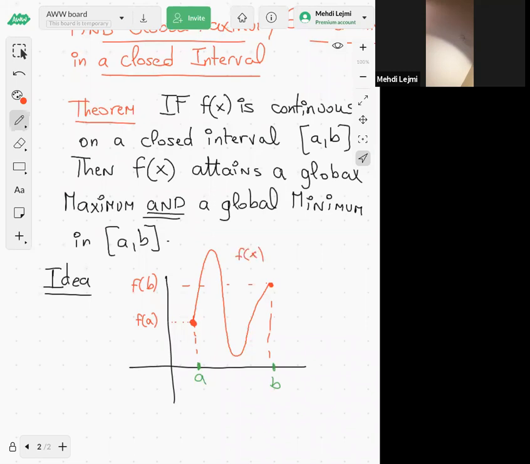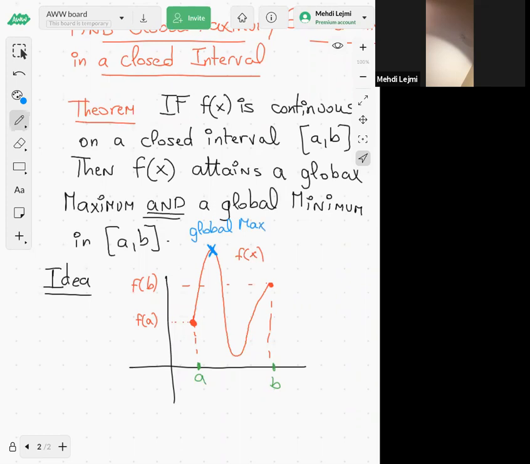Then you know that this function f, because it's continuous, and this is a really important assumption, the hypothesis that it's continuous is very crucial here. Because it's continuous on this closed interval AB, then you know that they exist. Then f has a global maximum. For example, this point here will be your global maximum.